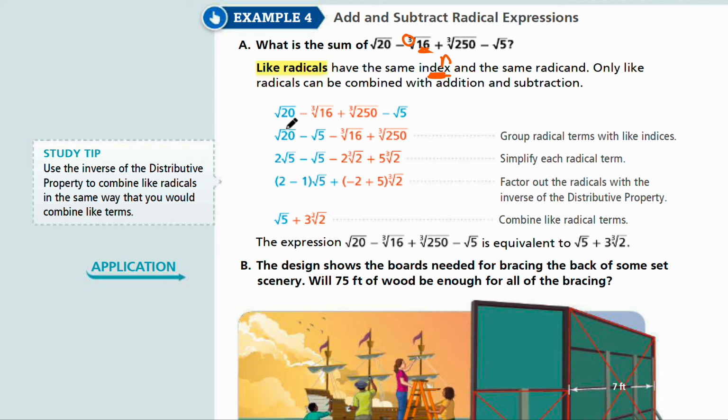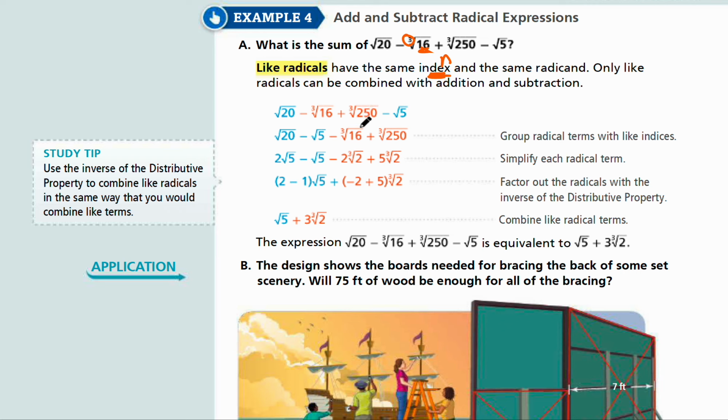So square root of 20 minus square root of 5. If you simplify square root of 20, you'll have 2 root 5. And so root 5 is almost like a variable now, okay? So 2 minus 1 root 5, you'll just subtract 2 and 1, and you'll have 1 root 5.